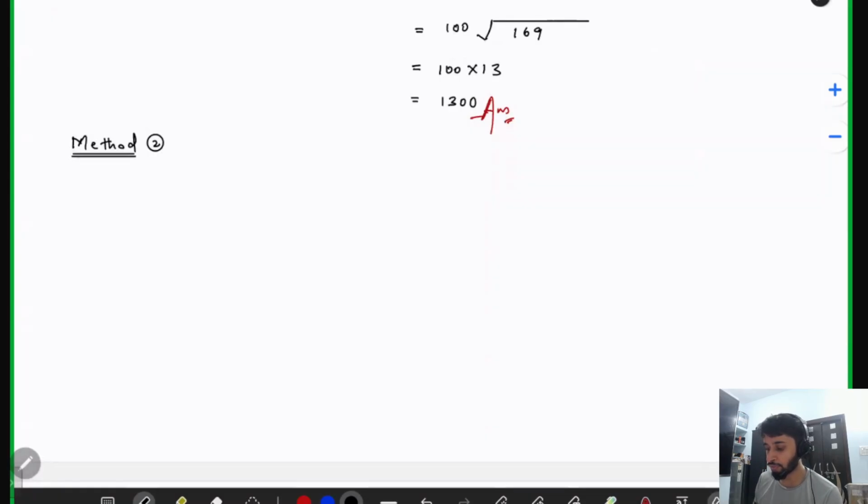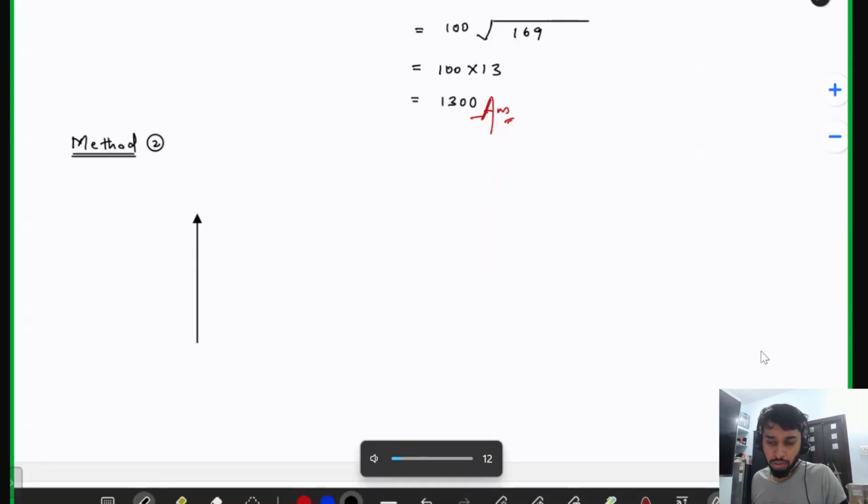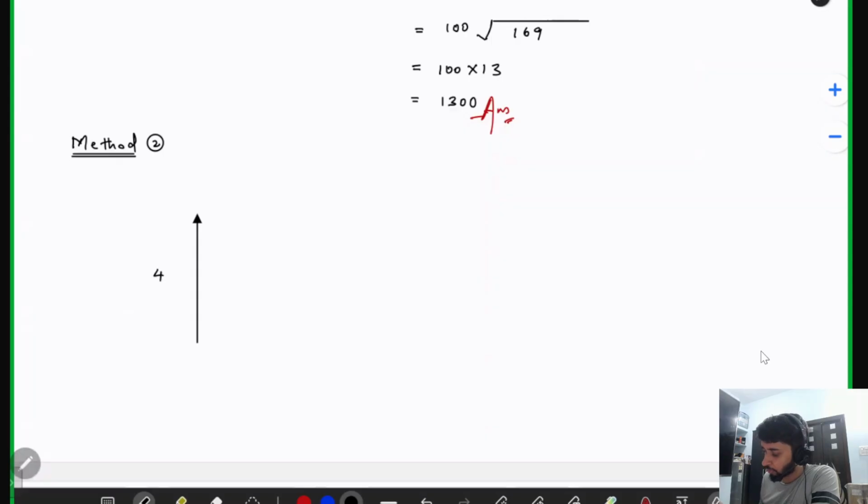First the airplane moves 400-meter north, like this.